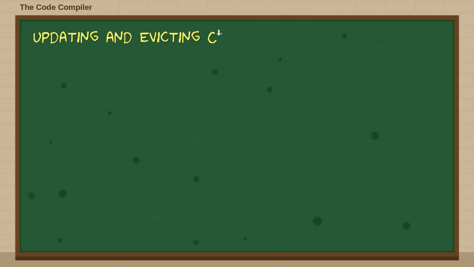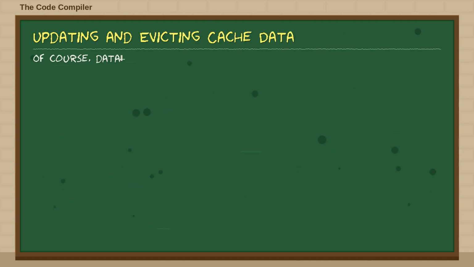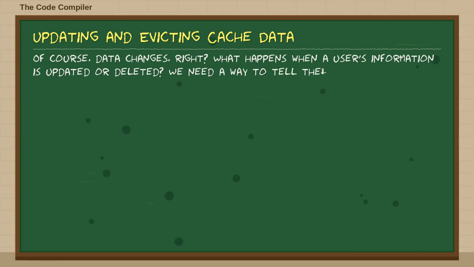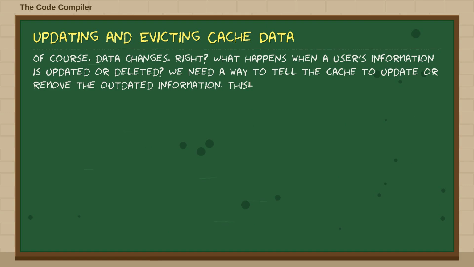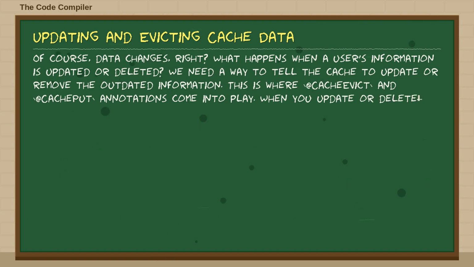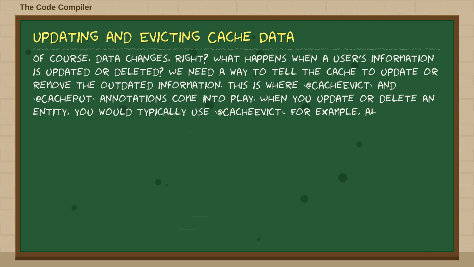Of course, data changes, right? What happens when a user's information is updated or deleted? We need a way to tell the cache to update or remove the outdated information. This is where @CacheEvict and @CachePut annotations come into play. When you update or delete an entity, you would typically use @CacheEvict.